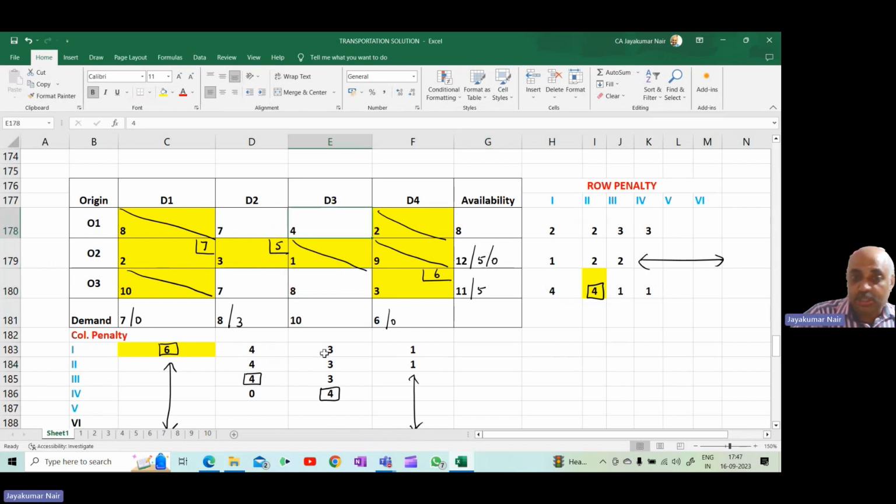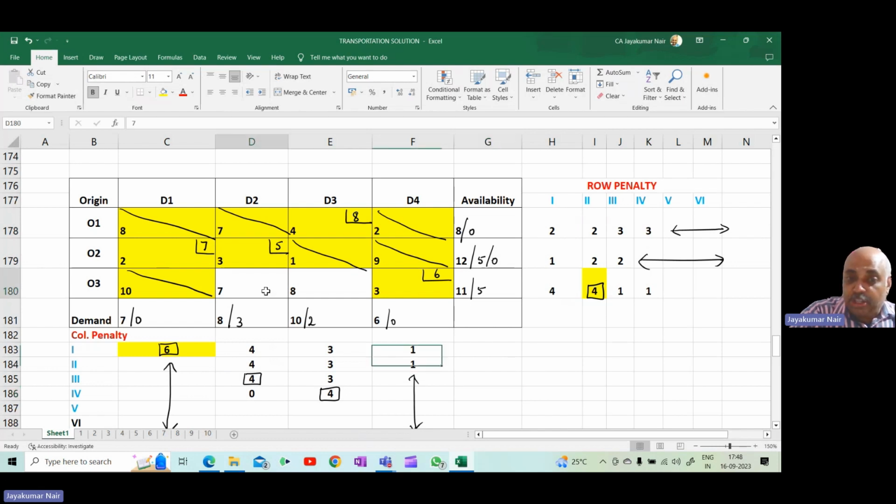Least cost is 4, so I will make the allocation here. Availability is 8. The demand is 10. The lower of the two is 8. So this will become 0. This will become 2. Since this has become 0, cancel out this particular row completely. So this is also out. No more calculation of penalty cost for this row because it is fully allotted.